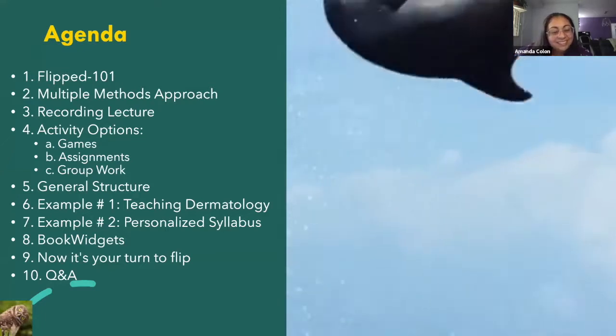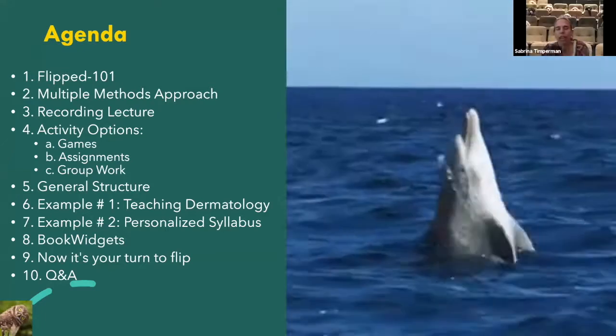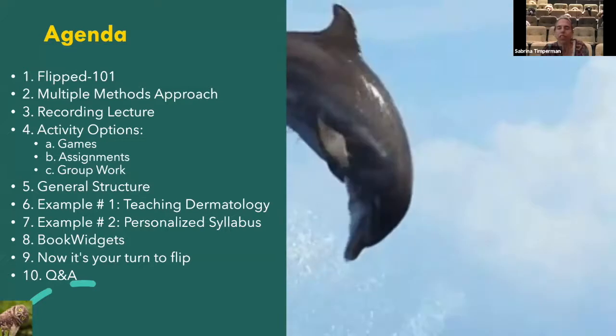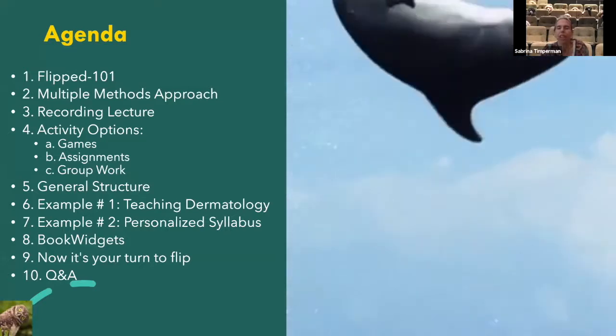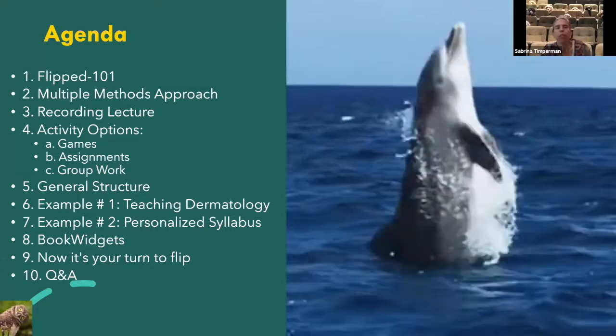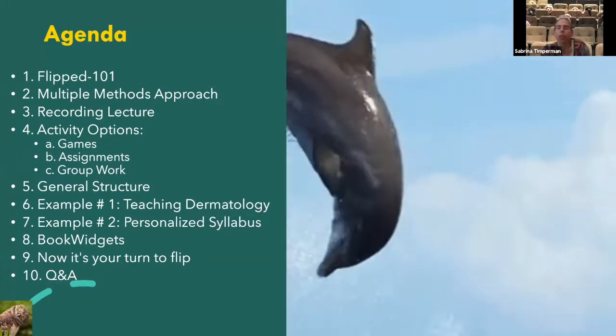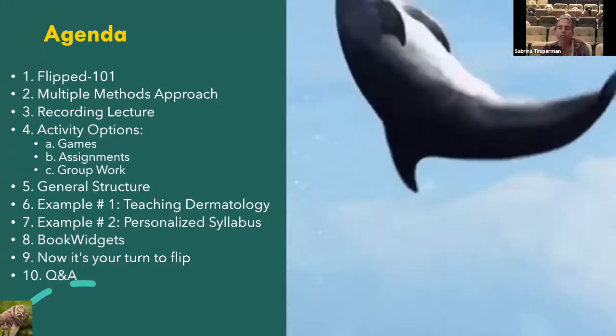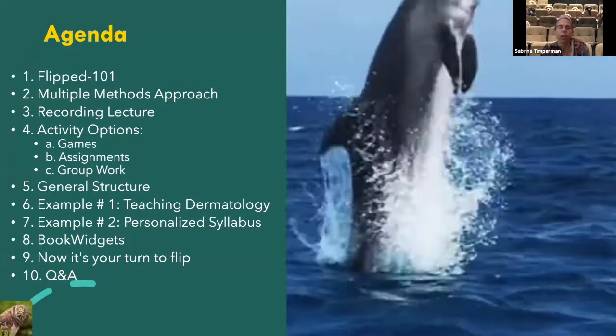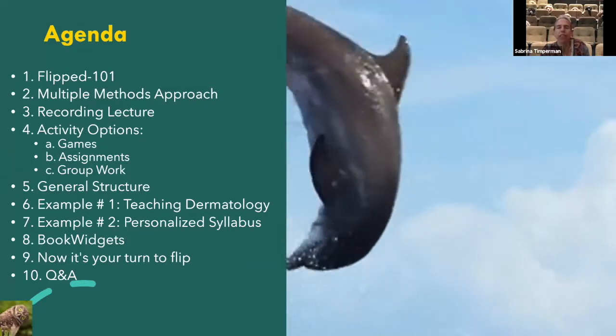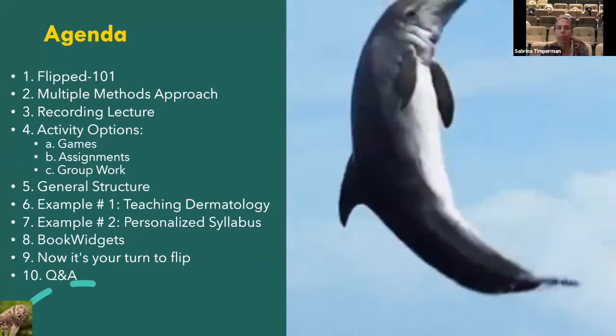So the agenda today, or what we're going to talk about: we're going to do a little bit of an introduction of what the flipped model is, and then we're going to talk about the multiple methods approach. We're going to talk a little bit about recording lectures and different equipment that you can use, and then we're going to break down into some different activity options.